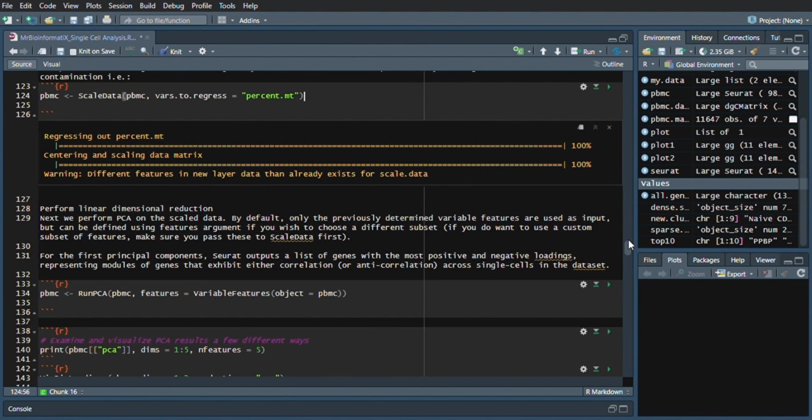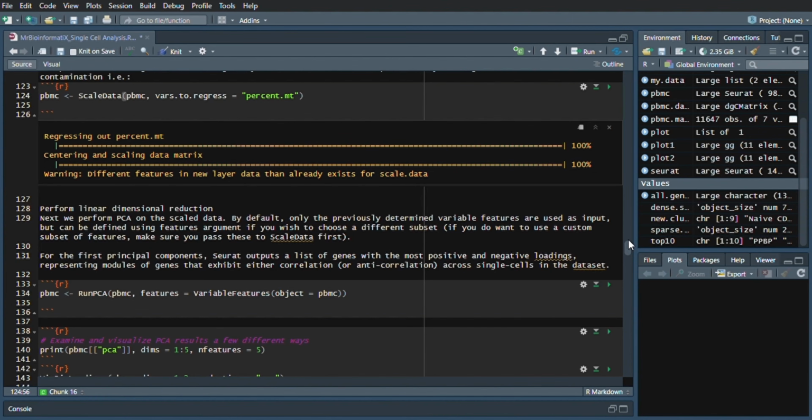The goal is to reduce the number of dimensions or features while still keeping the most important information. The benefits of this step are significant. By reducing the complexity, we can more easily visualize the data and identify patterns. It also speeds up the analysis because working with fewer dimensions is less computationally intensive.